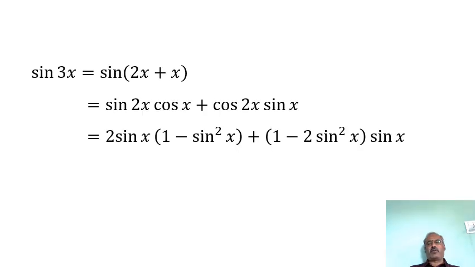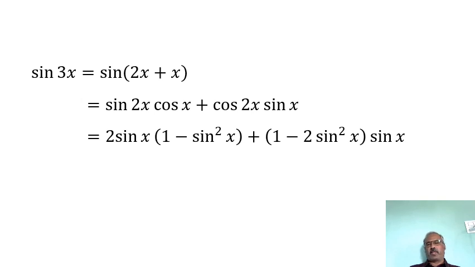Let us use the last two expressions that we obtained for sine 2x and cos 2x to obtain the expression for sine 3x. So sine 3x is sine of 2x plus x. This gives us sine 2x cos x plus cos 2x sine x using the expression for sine of x plus y. Now for cos 2x, we can use the expression 1 minus 2 sine square x.